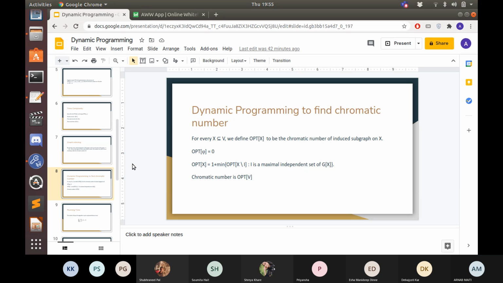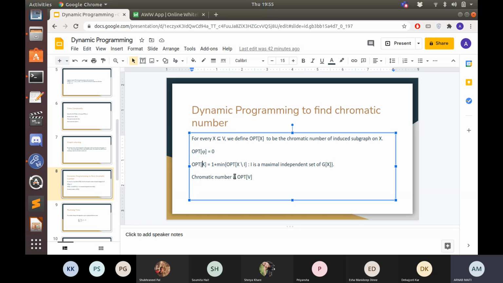So basically for each set X of size I, we are spending 2 to the power I sort of time.